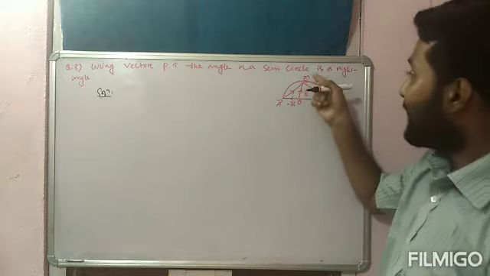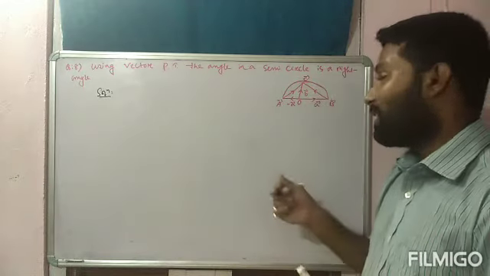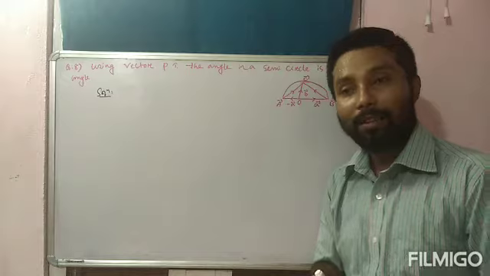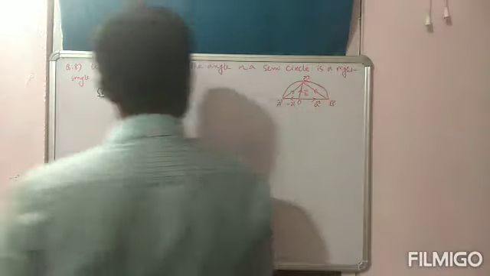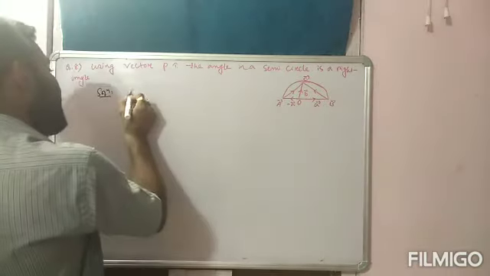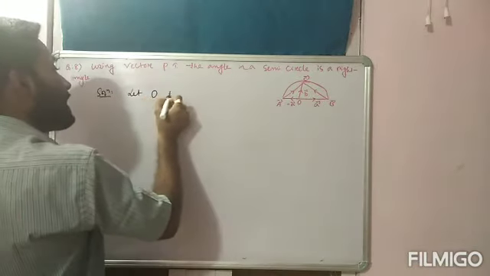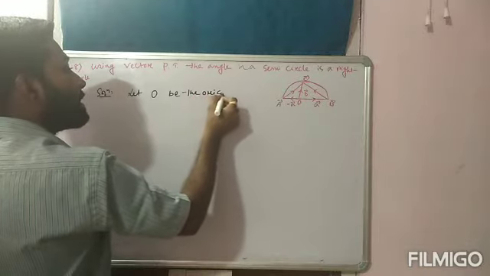And C be any point on the circle, or you can say the semicircle. Since you have to use the concept of vector, let O be the origin.